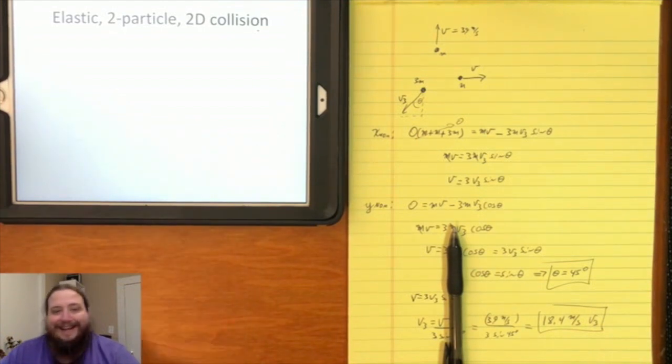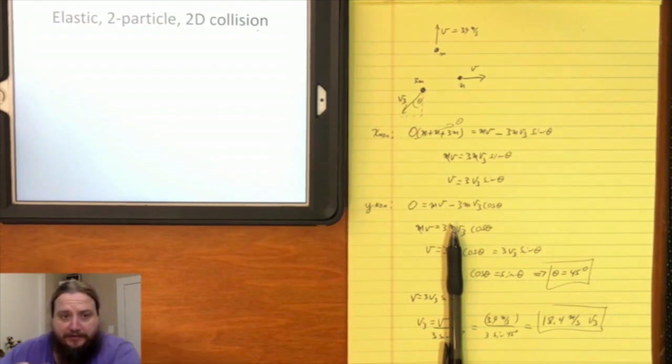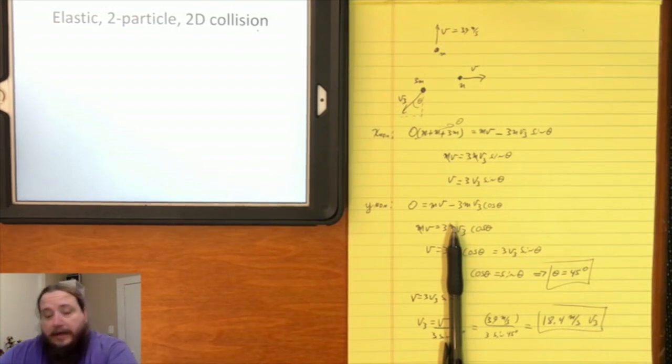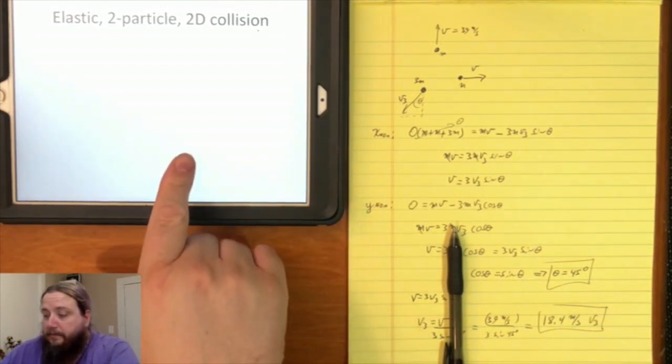An elastic two-particle, two-dimensional collision. This is basically one step up in elastic collisions from the one-dimensional collision. And we already saw that the one-dimensional elastic collision was kind of an algebraic mess. And this is not going to be any different.